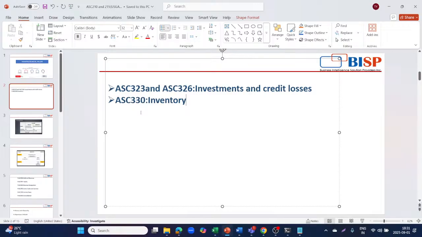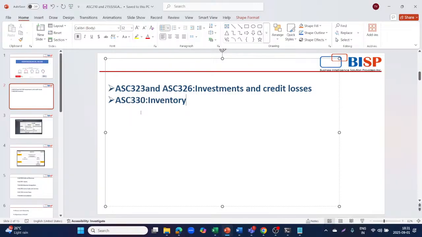It also provides principles for matching inventory cost with the related revenues to determine the cost of goods sold and the gross profit. There are some key aspects we'll be looking into. First is the definition and classification, and then how it will be measured at cost. Inventory will be initially measured at cost, which includes material, labor, and overhead cost, including bringing the goods to their current location and condition.